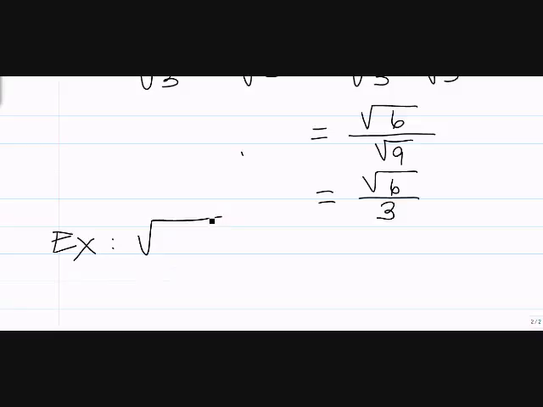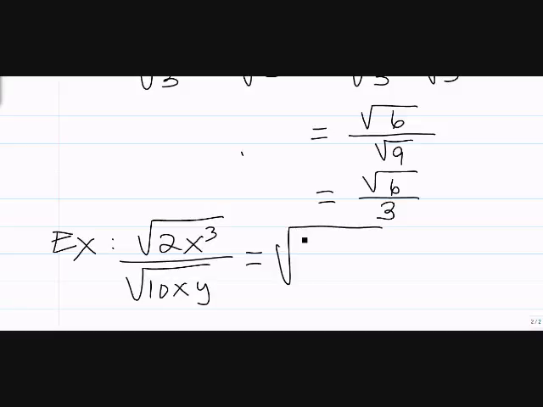The square root of 2x cubed divided by the square root of 10xy. First thing I'm going to do is put these all under one square root. So this is the square root of 2x cubed over 10xy.